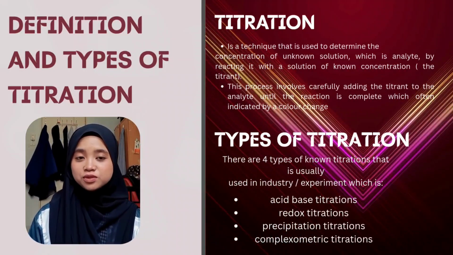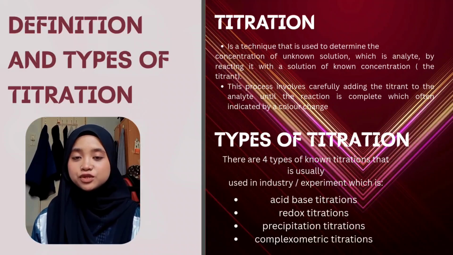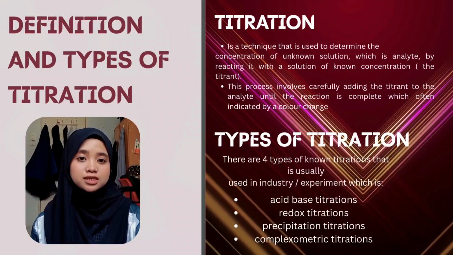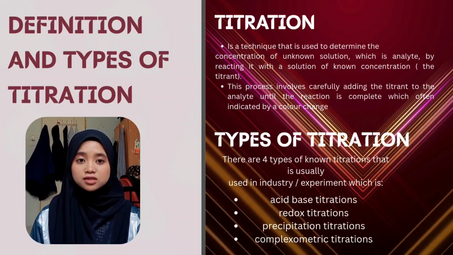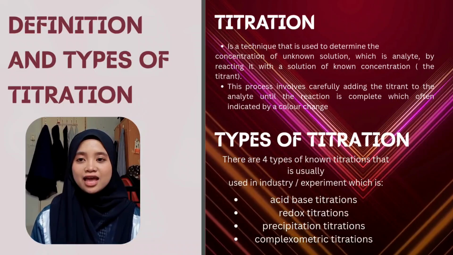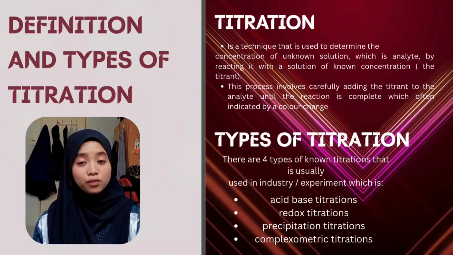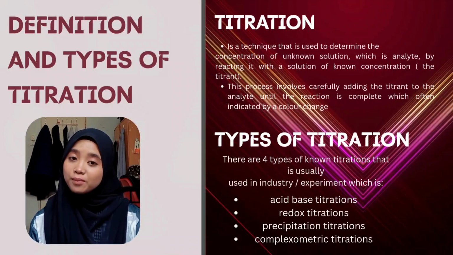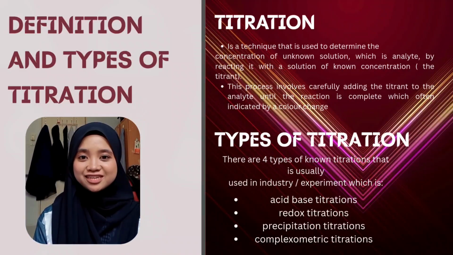There are 4 types of titrations usually used in experiments or industry, which are acid-base, redox, precipitation, and complexometric titration. In this application of wine analysis, we use acid-base or redox or maybe precipitation titration.